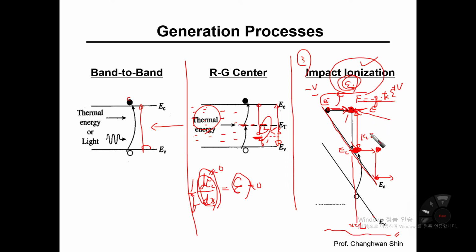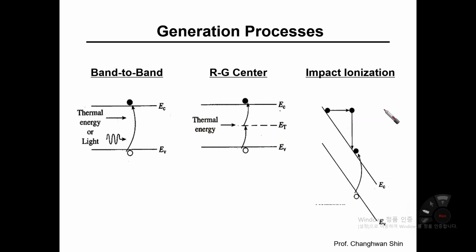But here, what if the kinetic energy that this electron has lost is 1.5 times the band gap energy? So 50% more than the band gap energy, 1.5 times 1.12 electron volt.